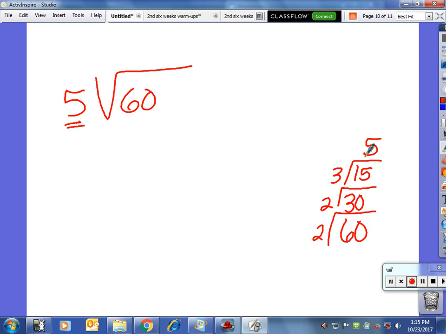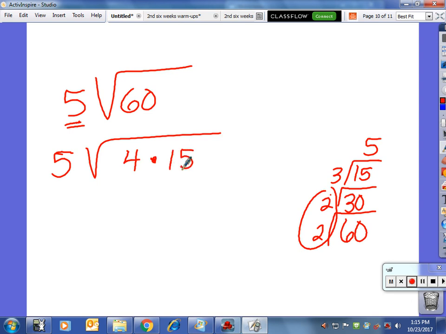Were there still some perfect squares hiding in there? Okay, so what perfect square was still in there in the 60? 4. 4 times everything that's left over. Times what? Times 3 times 5. I'm going to go ahead and put those together and make a 15.